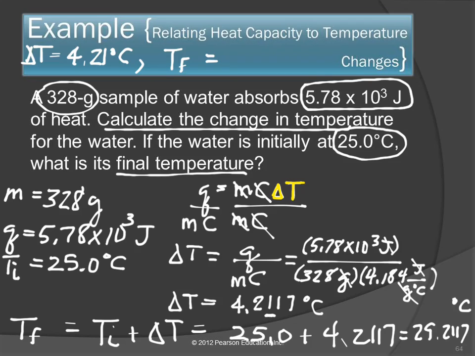How many significant figures should that one have? Or maybe it's better to ask, in what decimal place is the uncertainty? 25.0 has uncertainty in the tenths place. This 4.2117, we had said had uncertainty in the hundredths. So this is going to have uncertainty in the tenths place. So we would record our final temperature as 29.2 degrees Celsius.